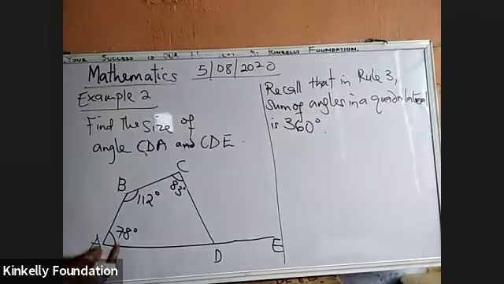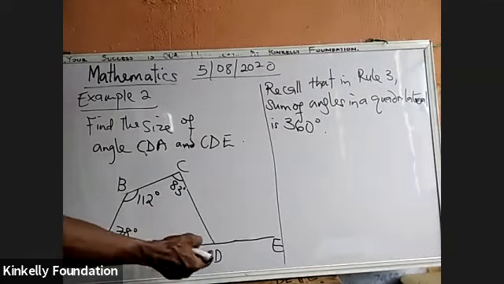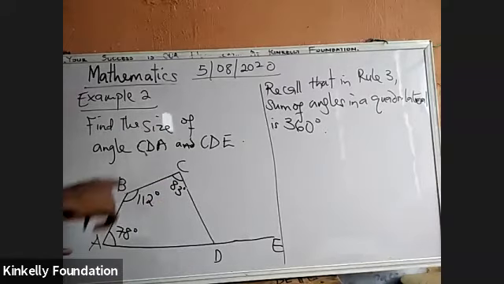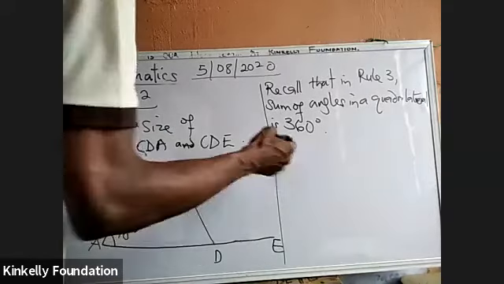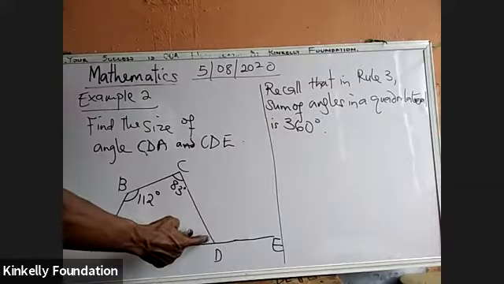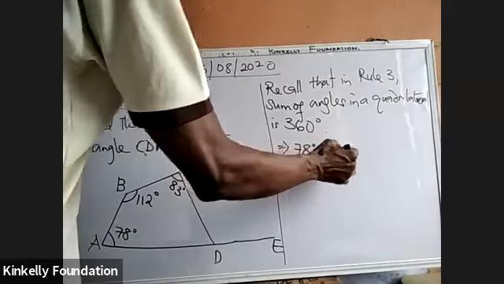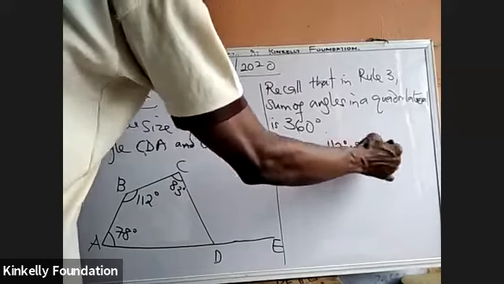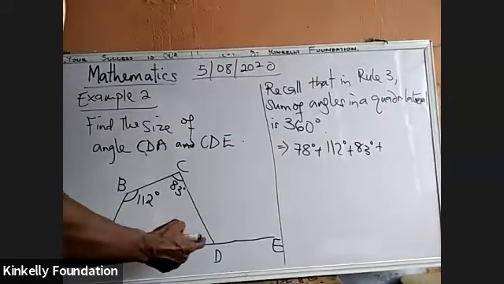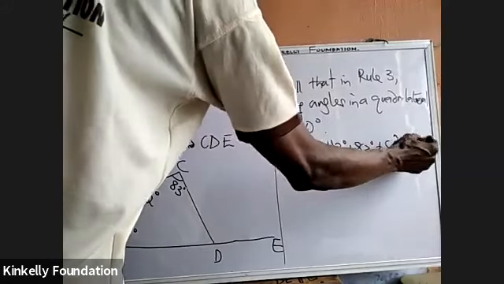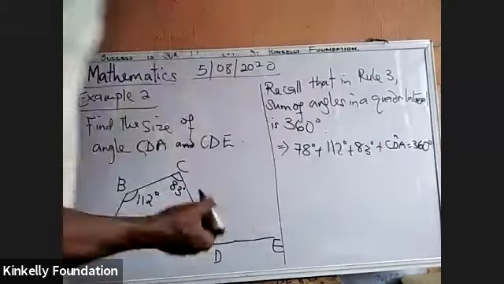So the sum of angles in the quadrilateral ABCD is equal to 360 degrees. So we have 78 degrees plus 112 degrees plus 83 degrees plus angle CDA is equal to 360 degrees.